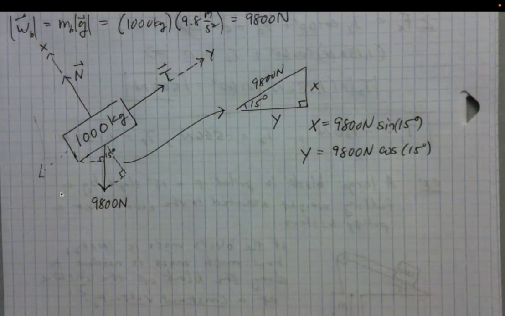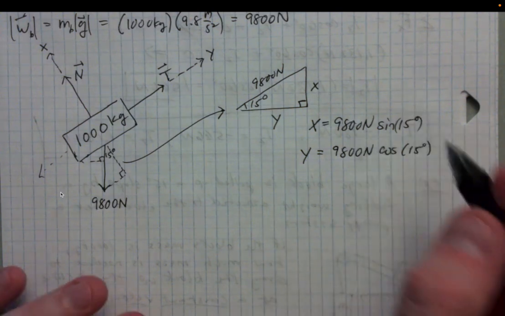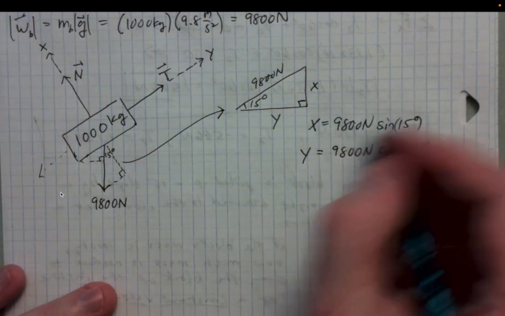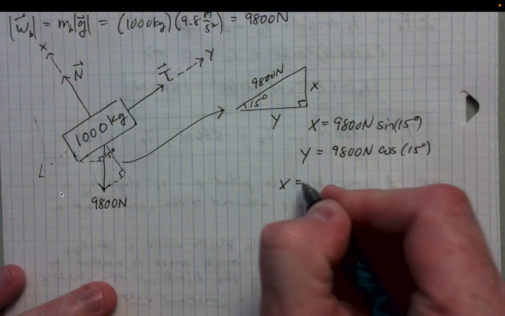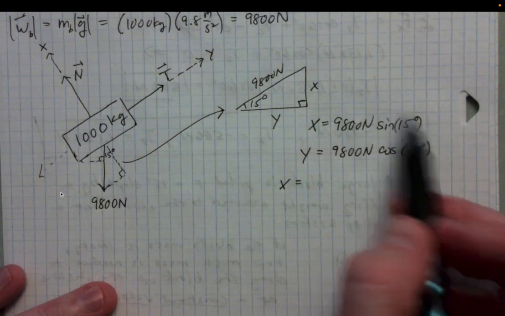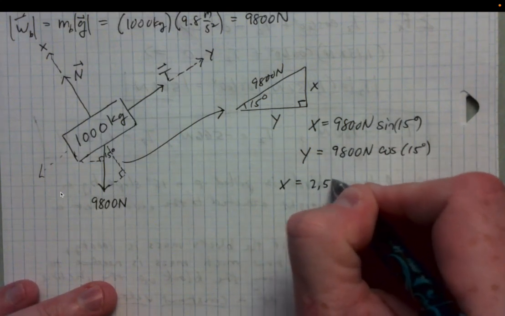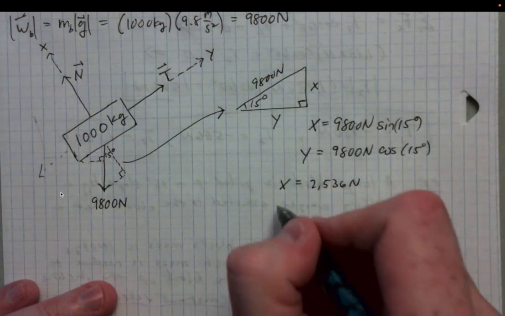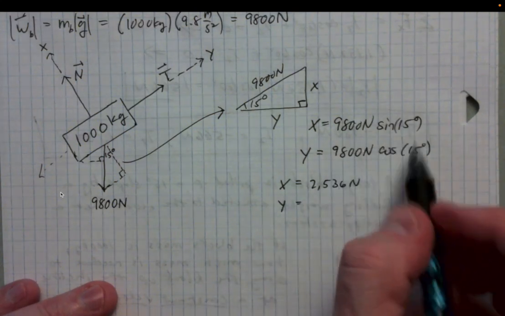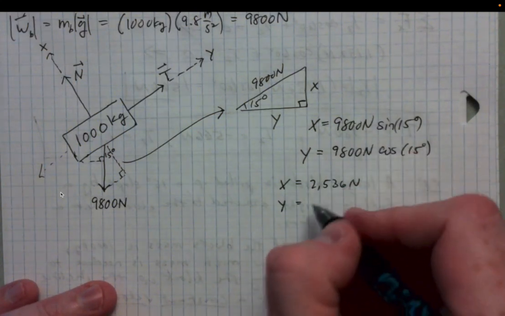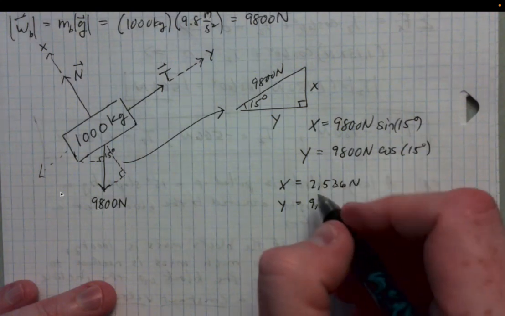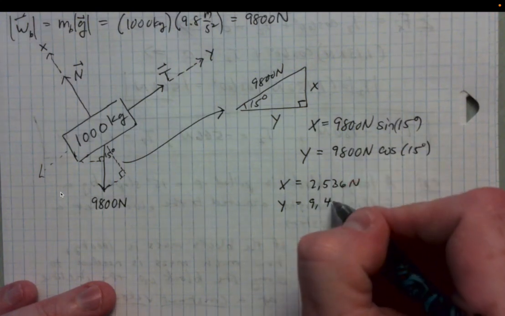Then we can figure these numbers out. So x is equal to sine of 15 degrees times 9,800 newtons, which should give something like 2,536 newtons. And for y, when you take 9,800 times cos 15, you should get 9,465 newtons.